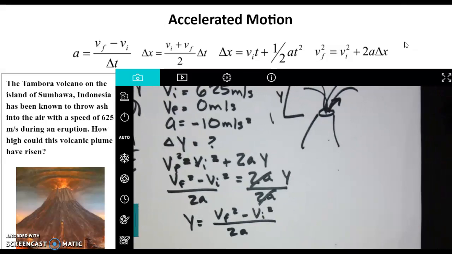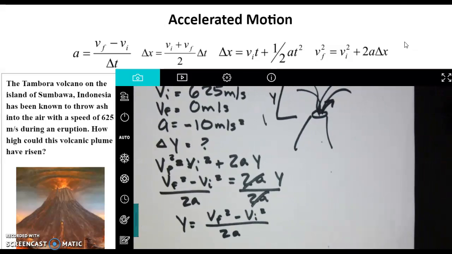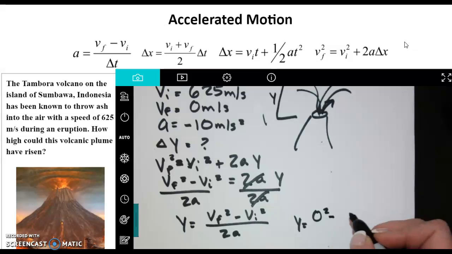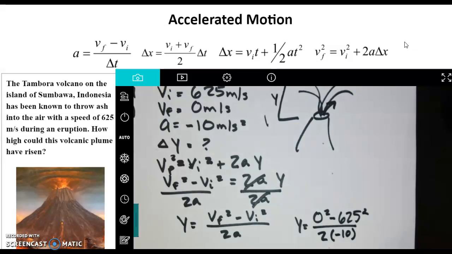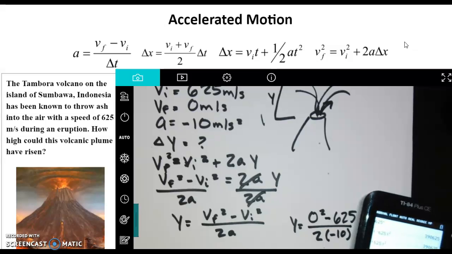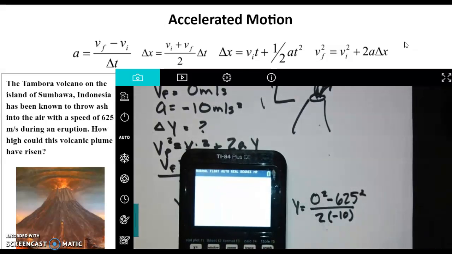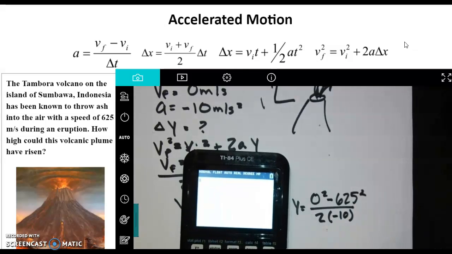Next is for us to substitute in our variables. The question gives us that our final velocity is 0 squared, minus our initial velocity of 625 squared, divided by 2 times our acceleration, which was -10. Now we'll plug this into our calculator. One big mistake that students make is not squaring their velocities.